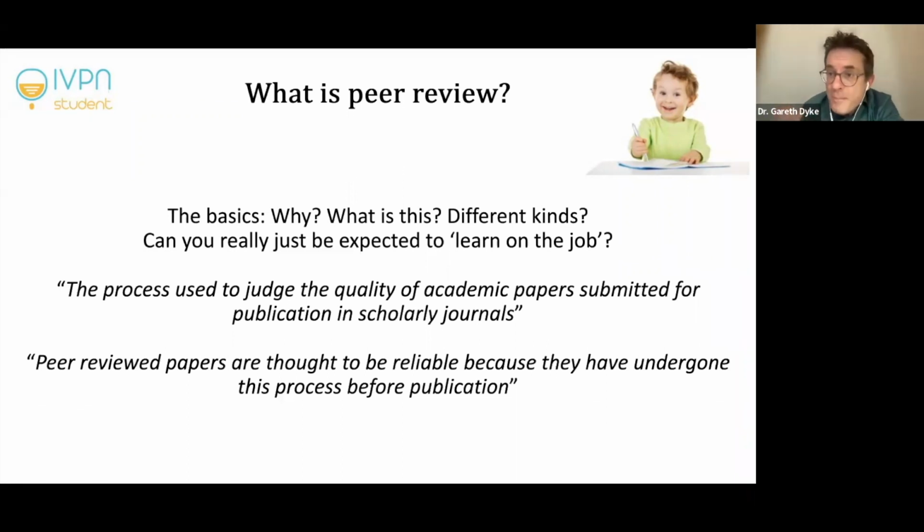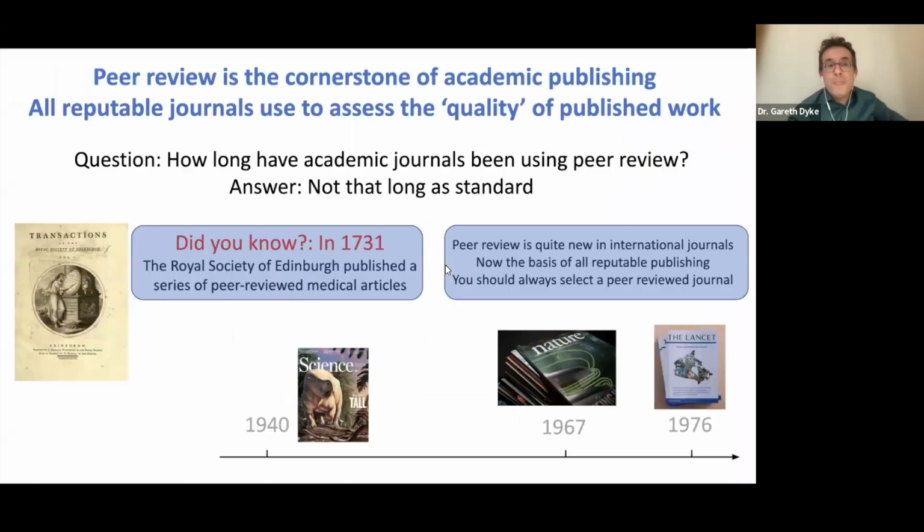Peer-reviewed articles are thought to be reliable because they've gone through this process before publication. We cite peer-reviewed literature in our own research. We use peer-reviewed literature in our own articles, and we want to publish our research in peer-reviewed journals.